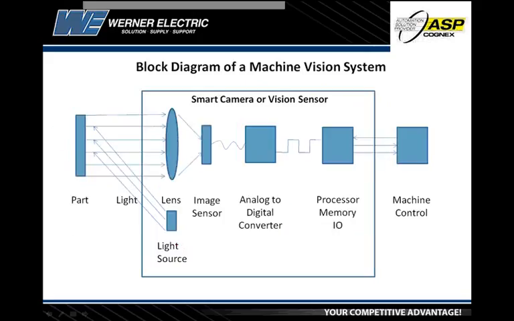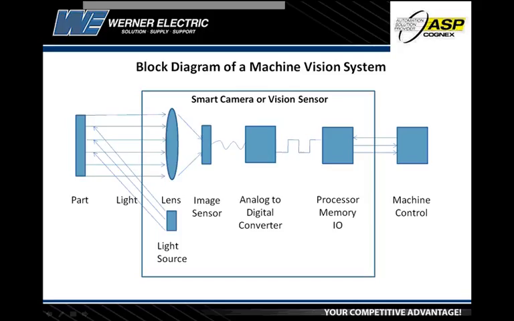Oh, too far. There we go. So a smart camera is basically, again, all the same components, but they're grouped together differently. So some smart cameras contain everything, including the light and the lens, the image sensor, the analog to digital converter, all the processing, I/O, and memory.